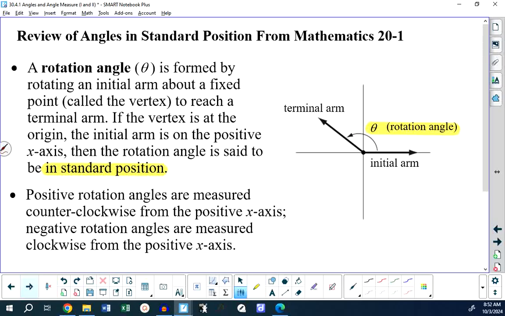The reason why counterclockwise, which is the opposite of the direction the hands move on an analog clock, is a positive rotation angle is so that it will rotate through the quadrants in the order in which they're numbered. And those of you that have taken physics, you understand there's a connection between sines and cosines of x and y coordinates and all of that. That's connected to what we learn in this unit.